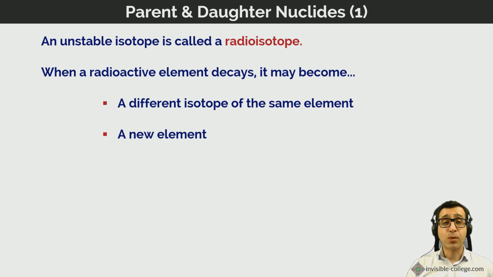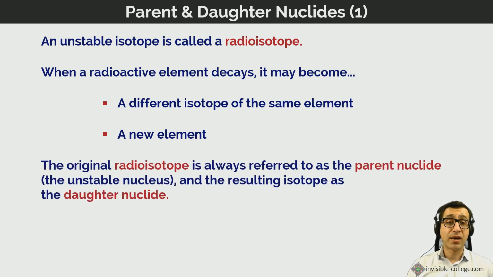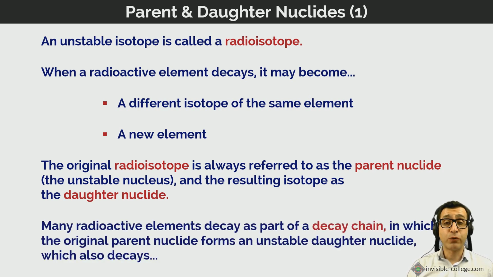So the original radioisotope is usually referred to as a parent nuclide. And again, this is the unstable nucleus that you start with. But the resulting isotope is referred to as the daughter nuclide. Now, many radioactive elements decay as part of a chain of decay reactions, sometimes called a decay chain, in which the original parent nuclide forms an unstable daughter nuclide which also decays, and so on.